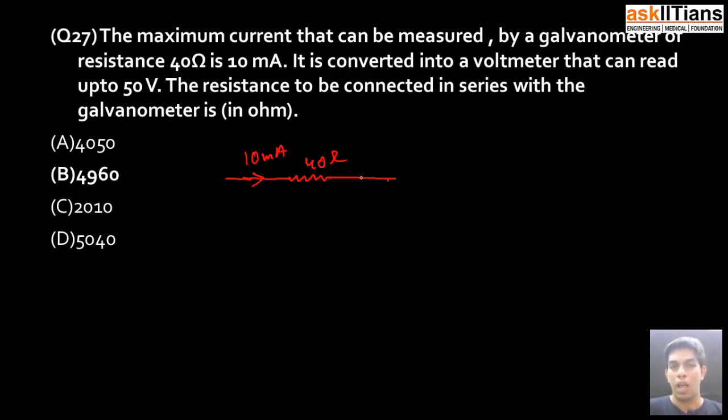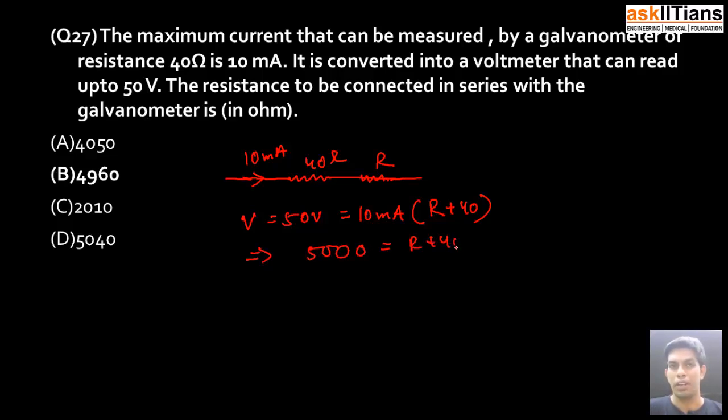Now we need to connect some resistance in series with it such that it is able to read 50 volt, that is V is equal to 50 volt, and this has to be equal to 10 milliampere times, let's say, R plus 40. So solving this, it will give me 5000 equals R plus 40, which implies R is equal to 4960 ohm. Hence, B is the correct answer.